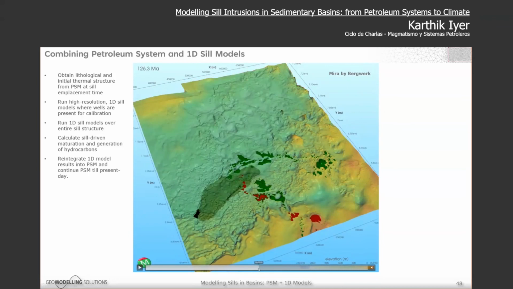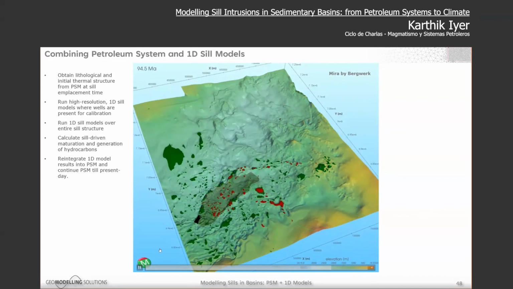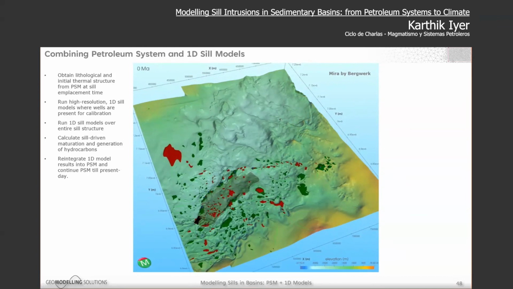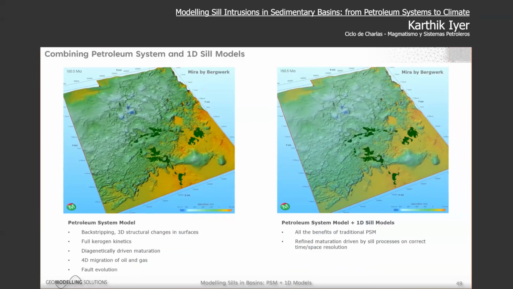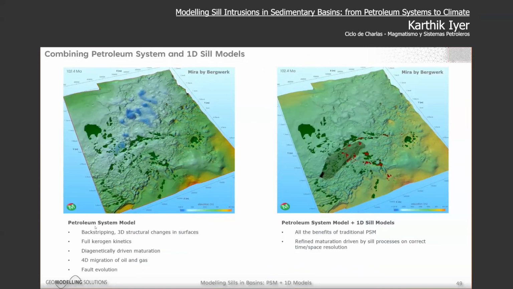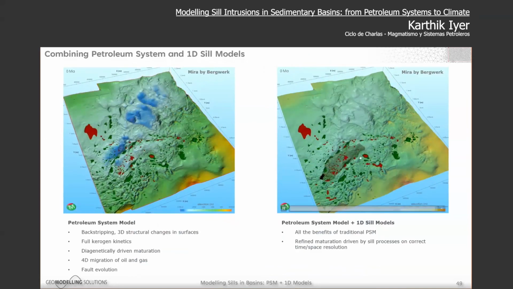And now my sill comes in and I start generating gas. It's a different process. So I can successfully integrate, or to a very large extent integrate, the sill model into a truly basin scale model. It takes advantage of both the petroleum system model on basin scale and the 1D sill models on the resolution and times we need.